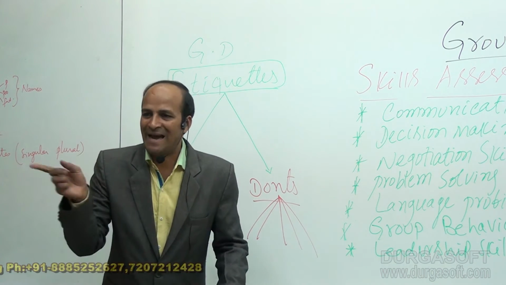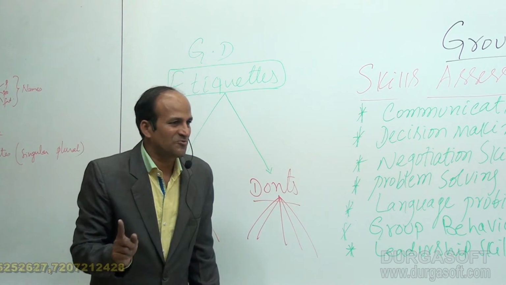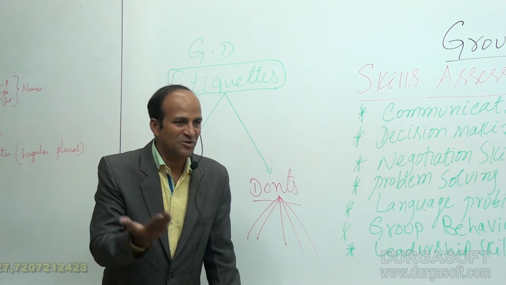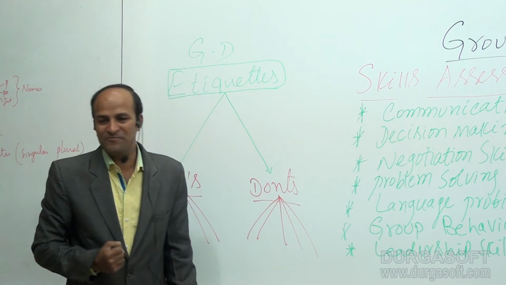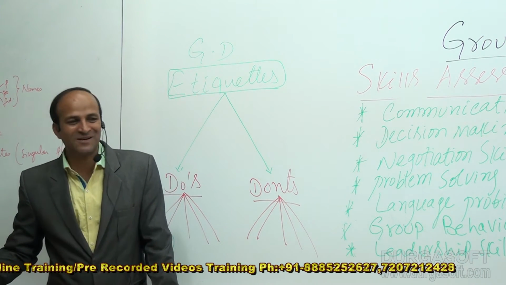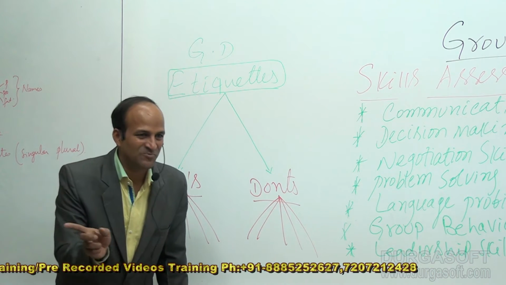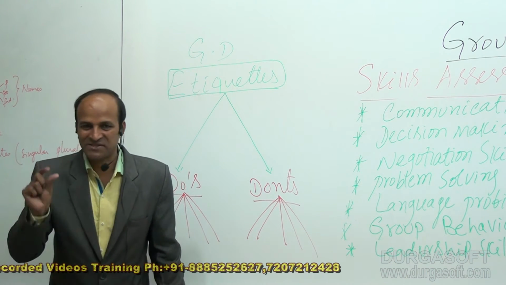Next, maintain eye contact with all the participants. When you maintain eye contact with all the participants, it shows that you are very curious, intelligent, diligent and active. The jury panel will always feel that this person is very active in the jury, even though his contribution is less.